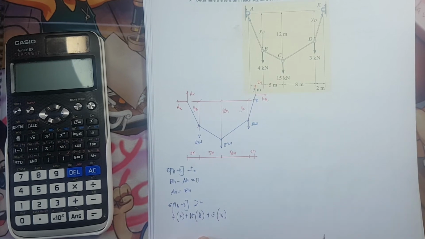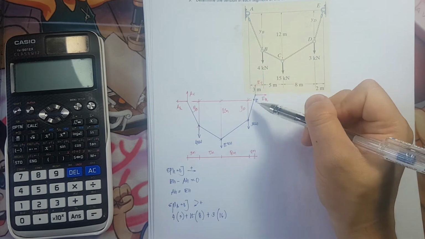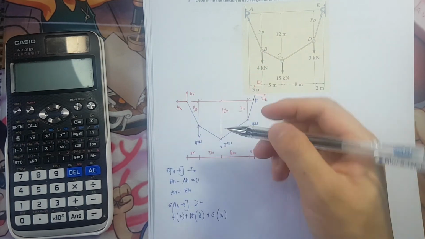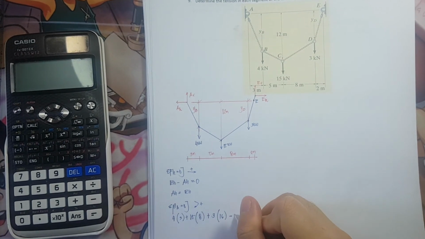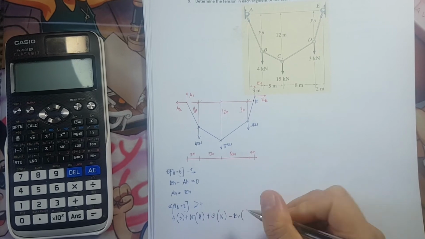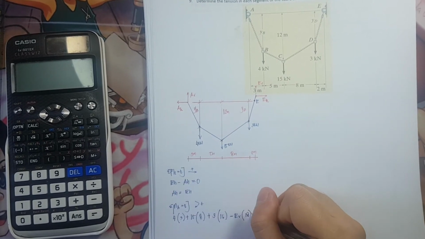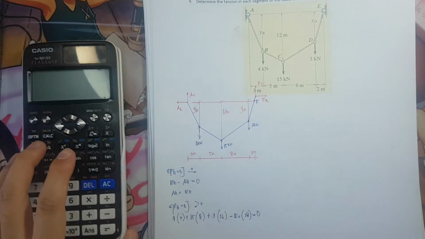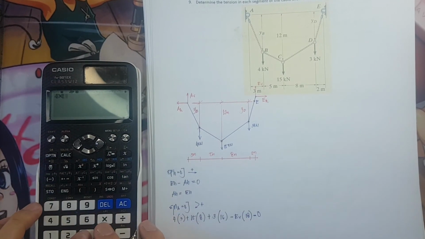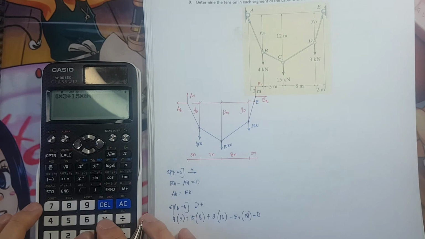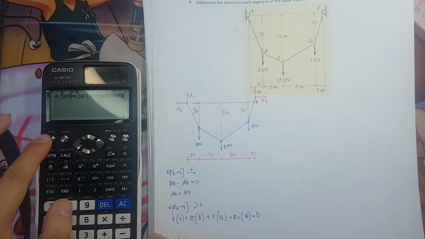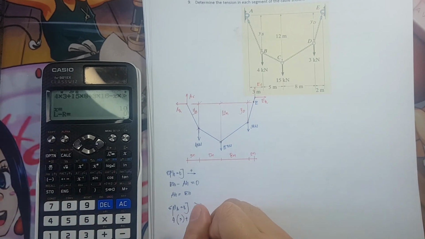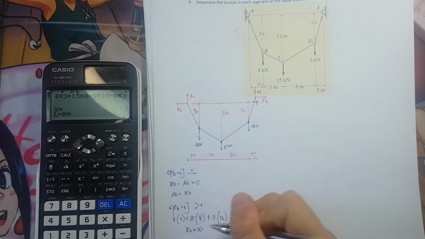Okay? Then we have here the E vertical. E vertical is rotating counterclockwise. So that is minus E vertical with a lever arm of 18. And that is equivalent to 0. So 4 times 3 plus 15 times 8 plus 3 times 16 minus E vertical times 18 is equivalent to 0. And that is 10. E vertical is equivalent to 10.